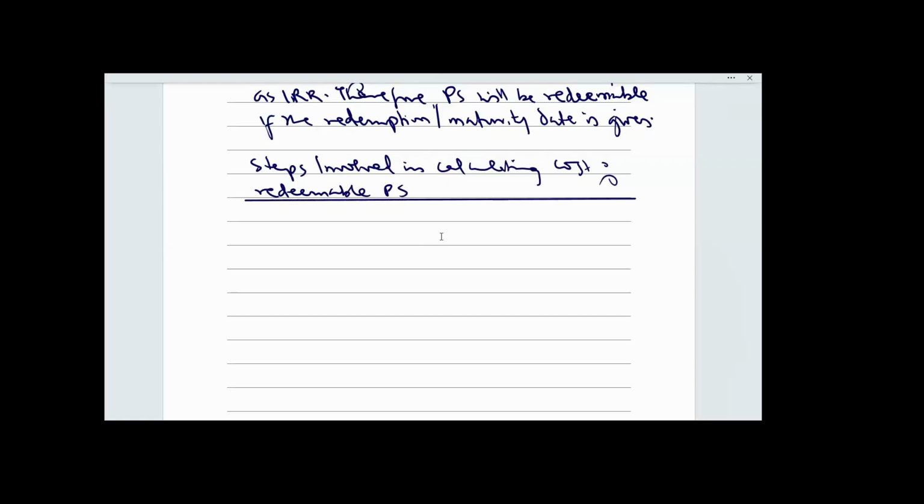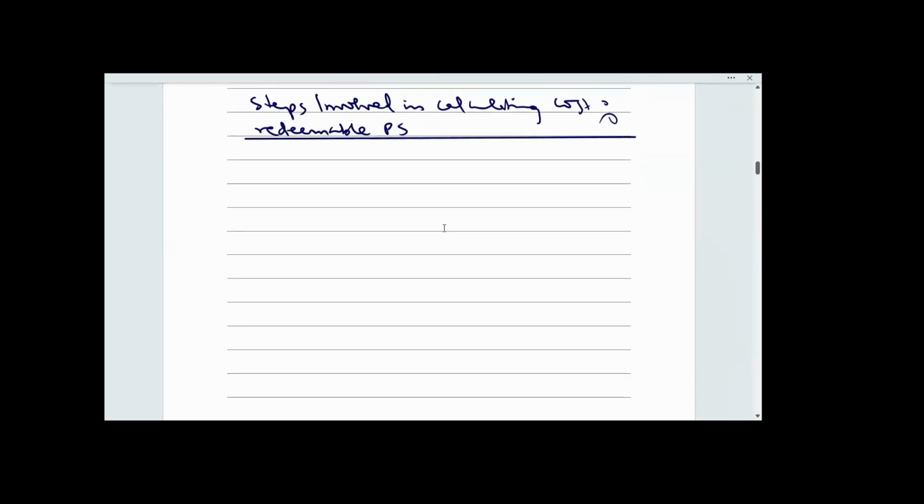Whenever you want to calculate cost of redeemable preference share, you are simply supposed to calculate internal rate of return. And you know that when you want to calculate internal rate of return, there are procedures. One is to assume two discount rates that will produce two opposing NPV.